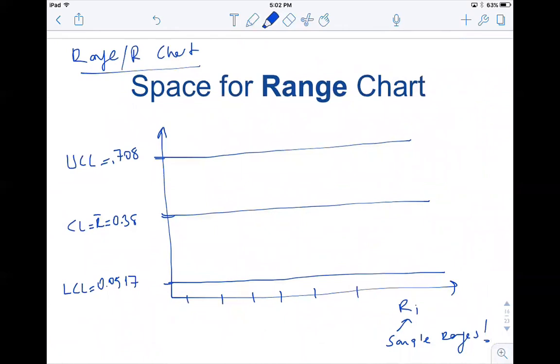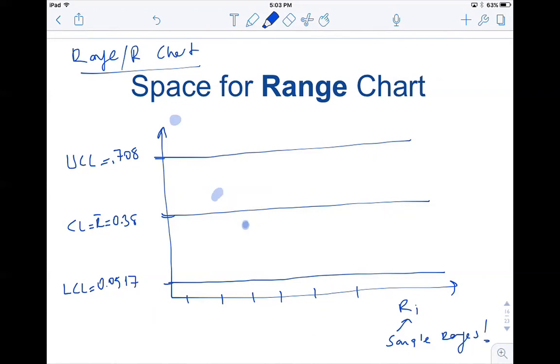So the first sample range is 0.76. Okay, so it is right here, right? It is actually higher than my upper control limit. My second sample range is 0.43. 0.43 is somewhere here. And my third one is 0.32. It's slightly below my center line.